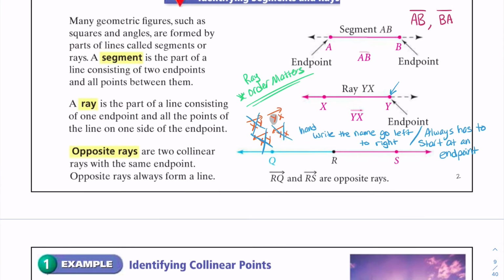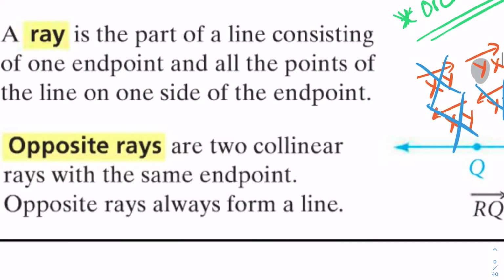All right. So a ray is part of a line consisting of one endpoint and all points that lie on one side of that endpoint. And opposite rays have to be collinear. Just give that a highlight. They have to be collinear.